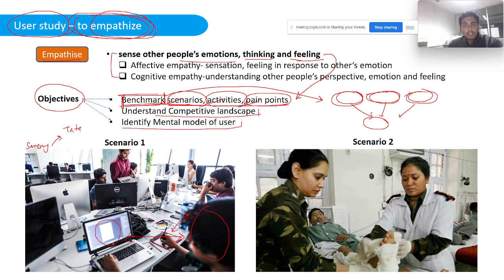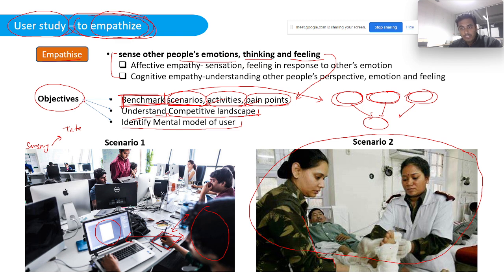Understanding the competitive landscape means you try to see how the user is currently performing a task, what sort of tools and techniques they are using to do their daily activities. For example, in this other scenario, this nurse is using some gauze to wrap around the person's leg, and this lady, a soldier, is also holding that person's leg.